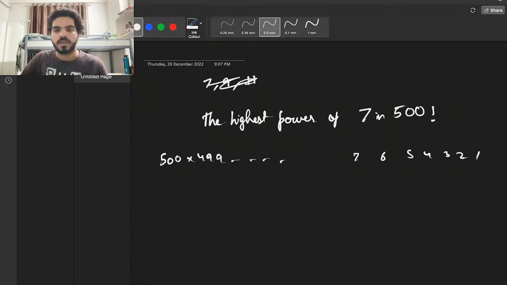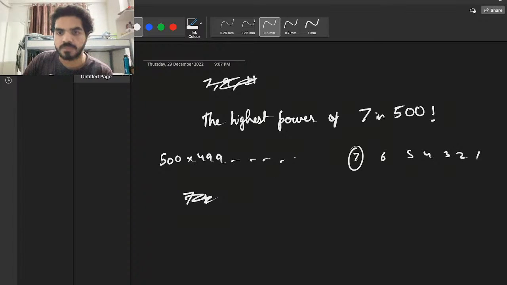First of all, for the highest power of 7 in 500 factorial, you have to count all the multiples of 7. So there will be 7, 14, 21, 28, and so on. How many multiples of 7 are there in the first 500 numbers? For that we will use the AP formula.